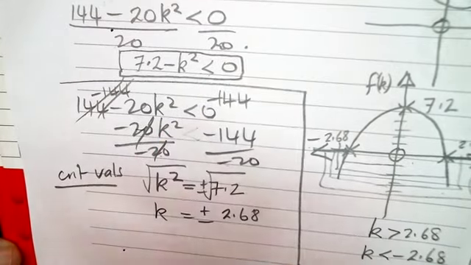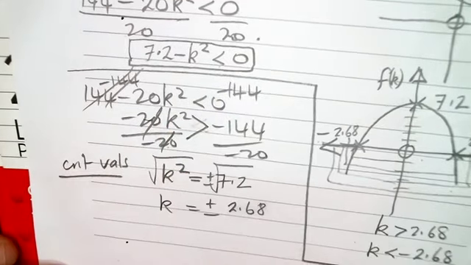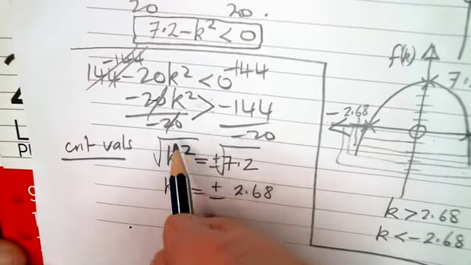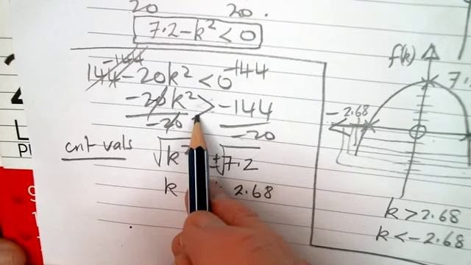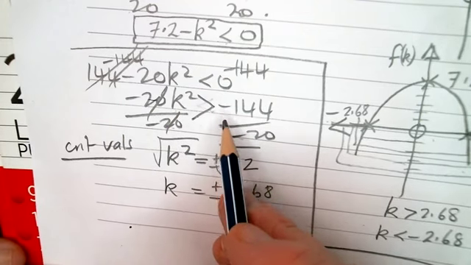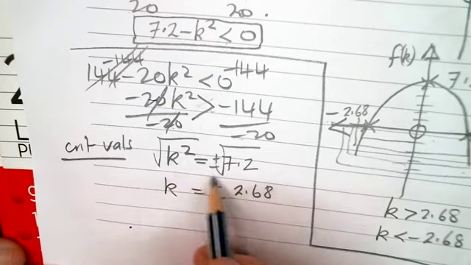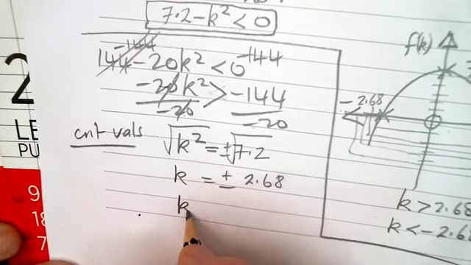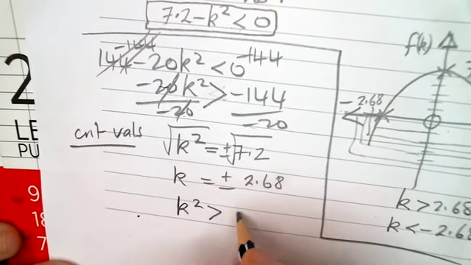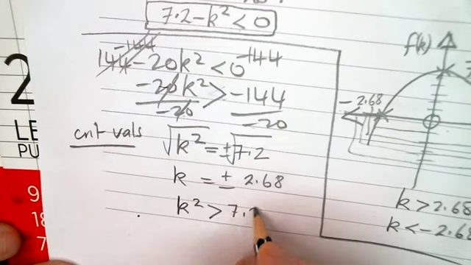It's very important to realize I've now done that. So I've got k squared is greater than 7.2, and that's what I'm going to graph now.